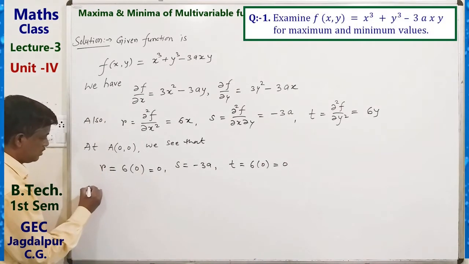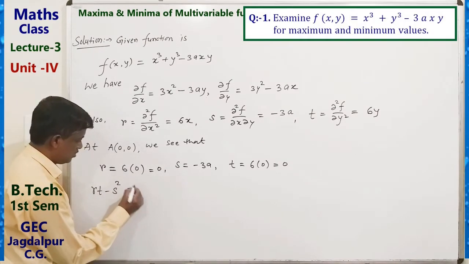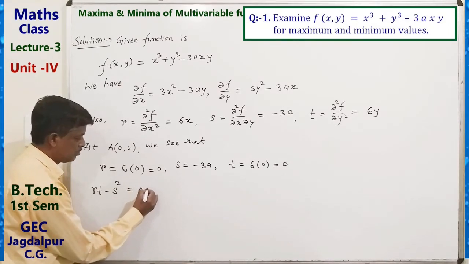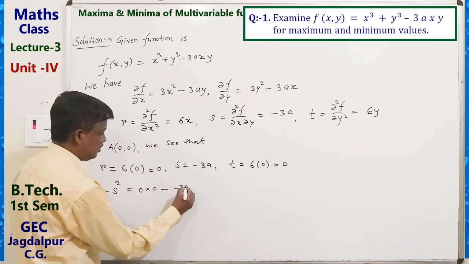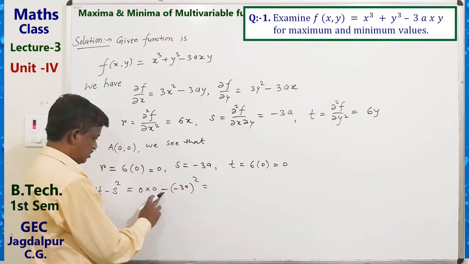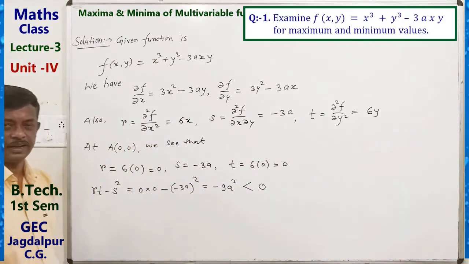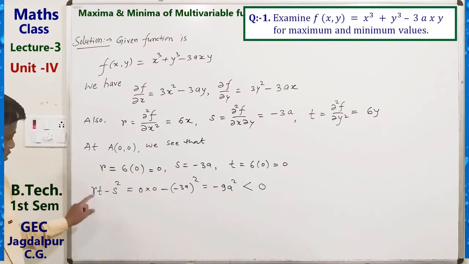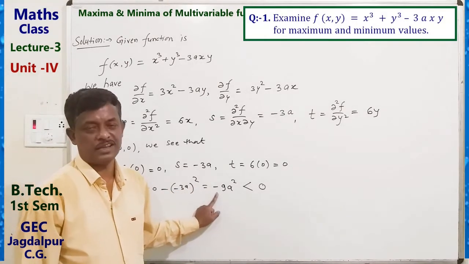So rt minus s square equals 0 into 0 minus 3a whole square, which is minus 9a square.